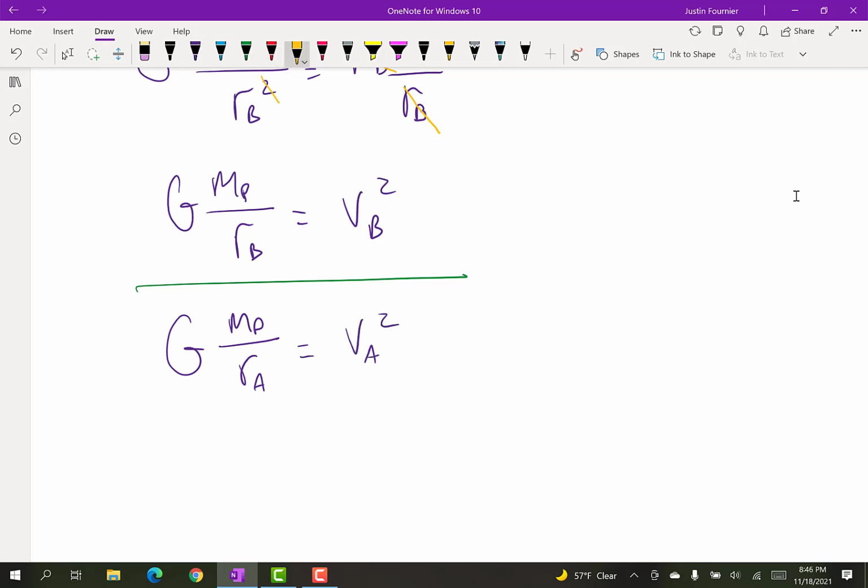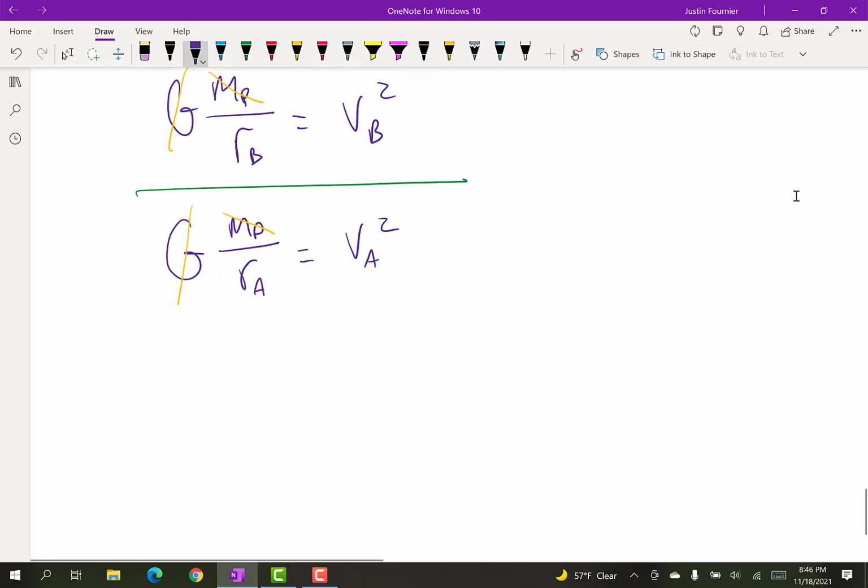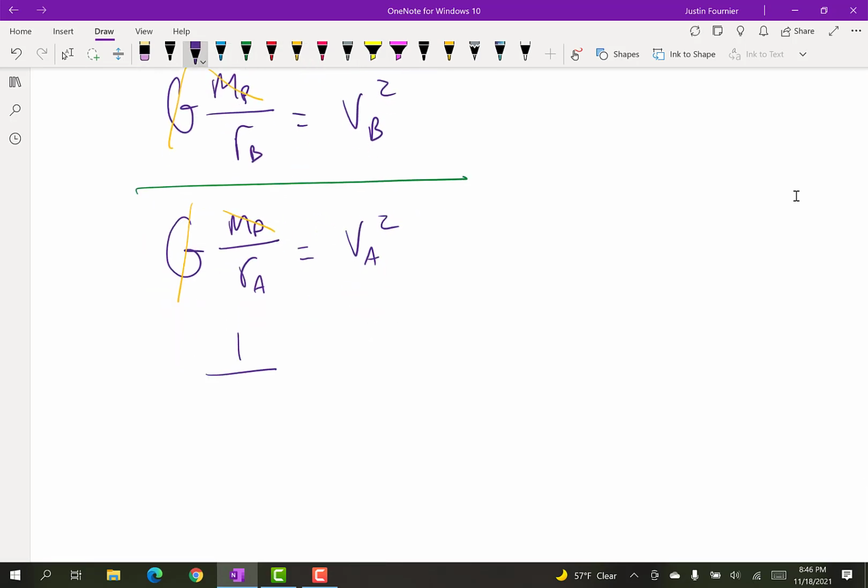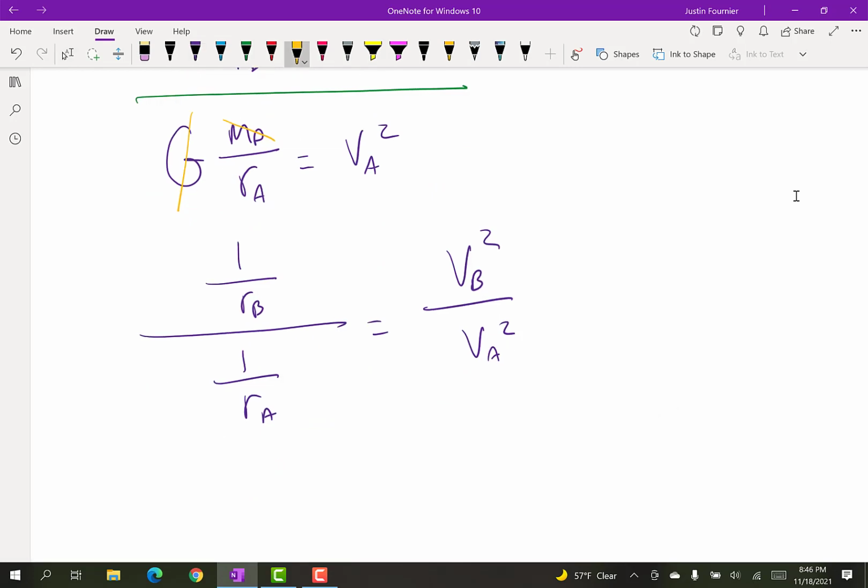And then if I take the ratio of these two, a couple things cancel out. That's interesting. G cancels out and the mass of the planet cancels out. So I'm left with 1 over rB over 1 over rA, and I get vB squared over vA squared. All right, so there we go. I can simplify this fraction by multiplying by the reciprocal.